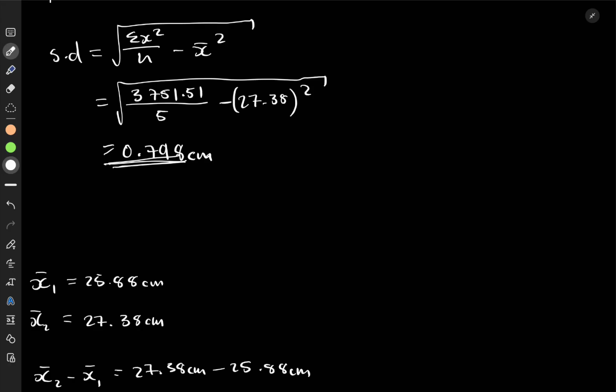It will remain the same. So standard deviation is not affected by the shift, by the coding. What we mean by coding is to correct: coding is when we correct every single term after we found that we have an error.